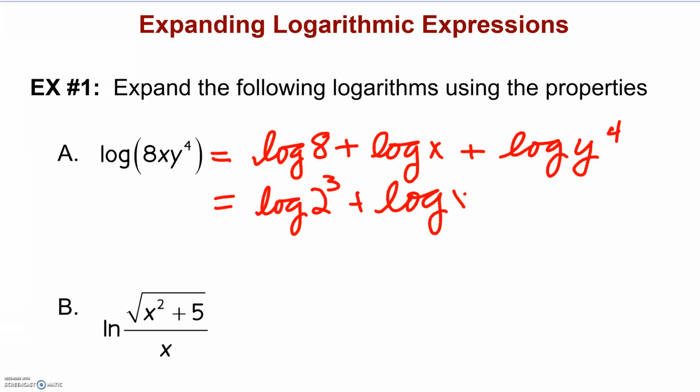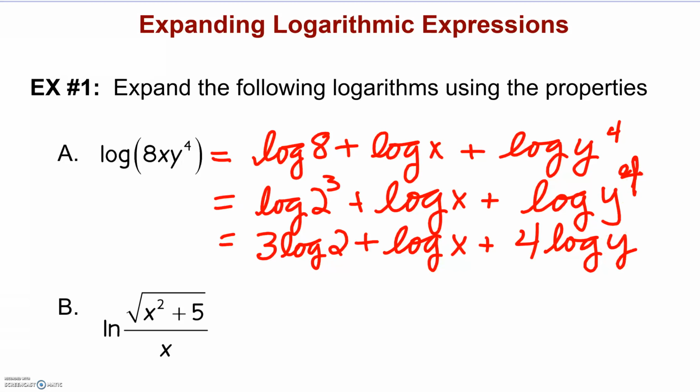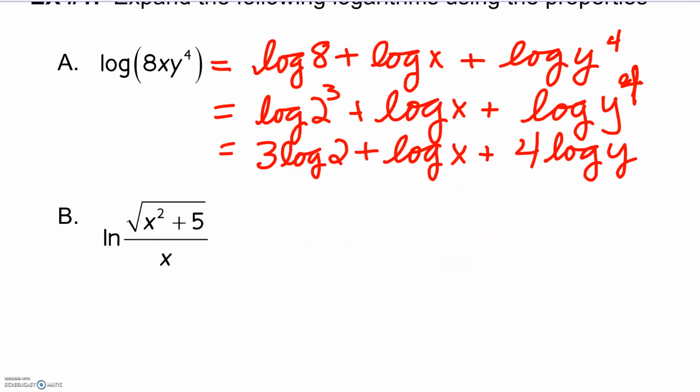So let me just change that only in the first step. Therefore, this would become 3 times the log of 2 plus the log of x plus 4 times the log of y. There we go. So that would be as much as we could really expand that first one there.